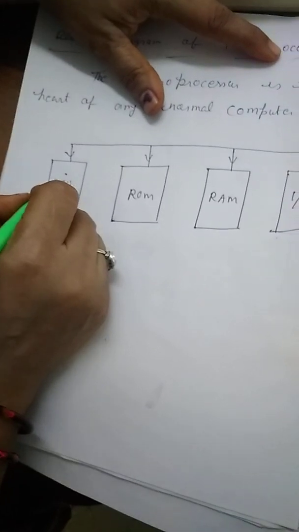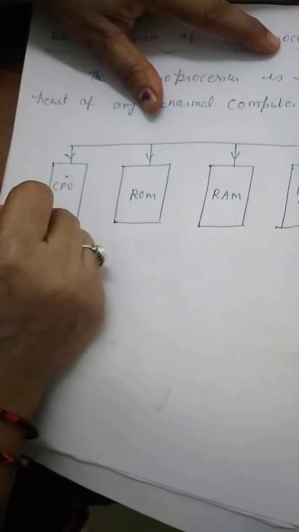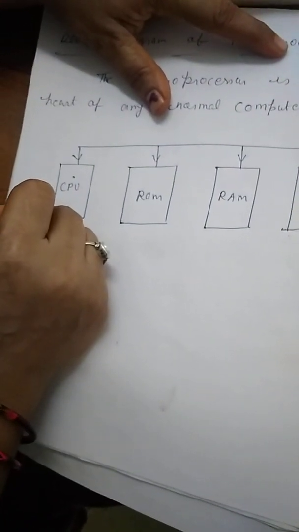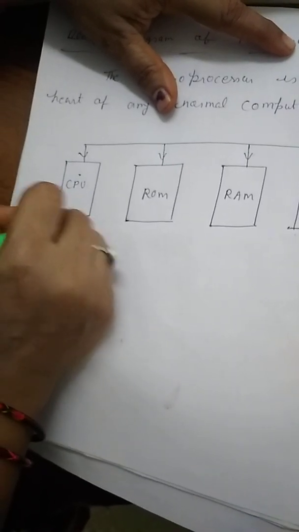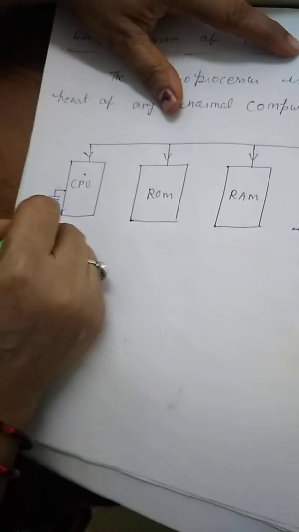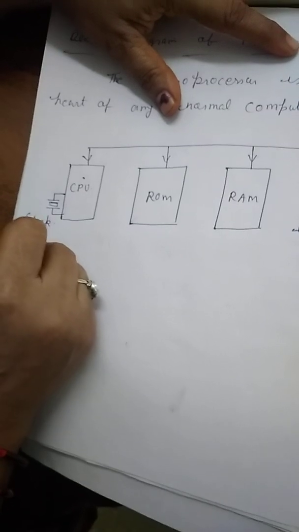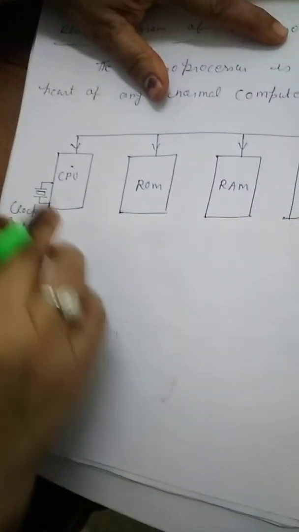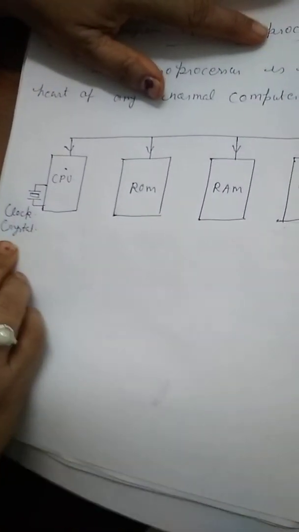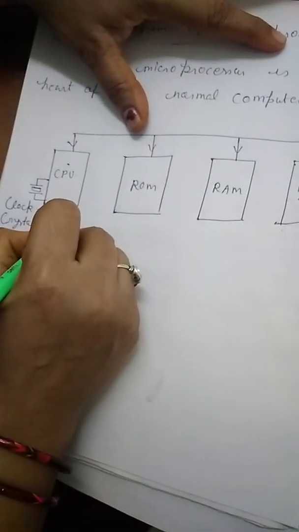Signal can go from one block to any other block, and this is your clock crystal, from where you give the clock signal.